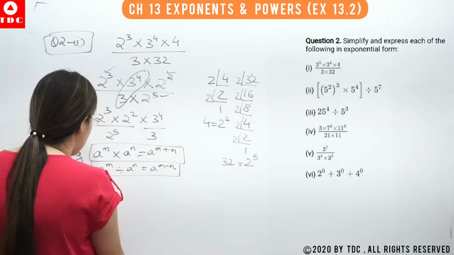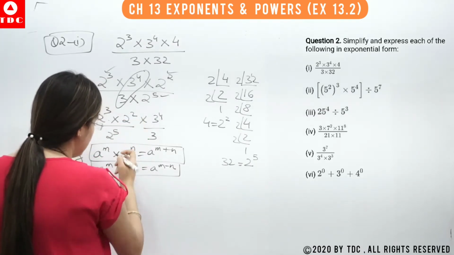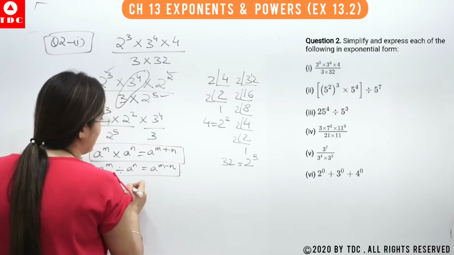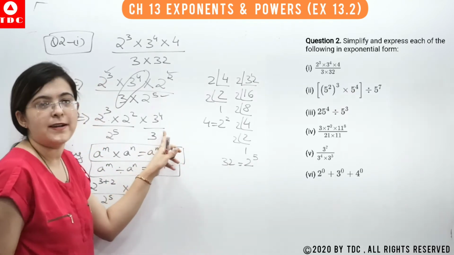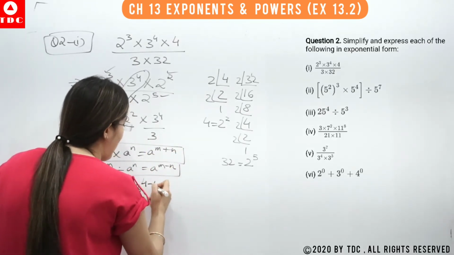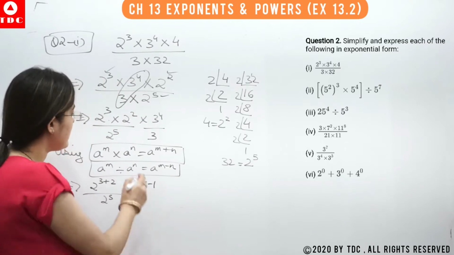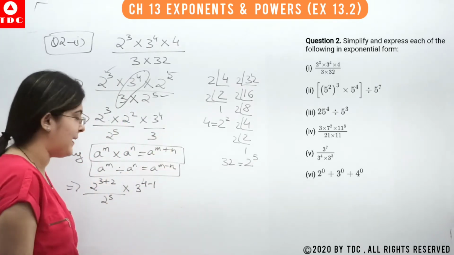Let's do it. Here the powers would be added. This 2 to the power 5 is as it is, and here the powers would be subtracted. This is not having any power, that means the power is 1. So the power will be subtracted. This law we have applied here and this law we have applied here.